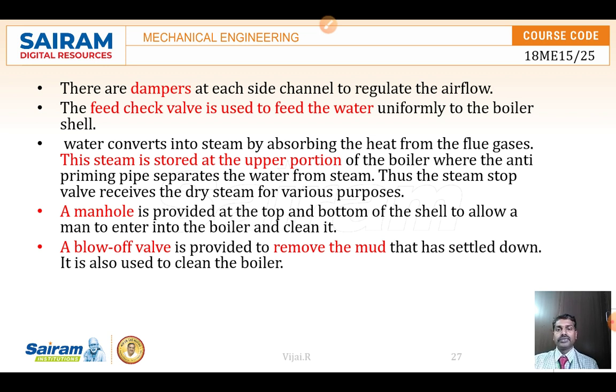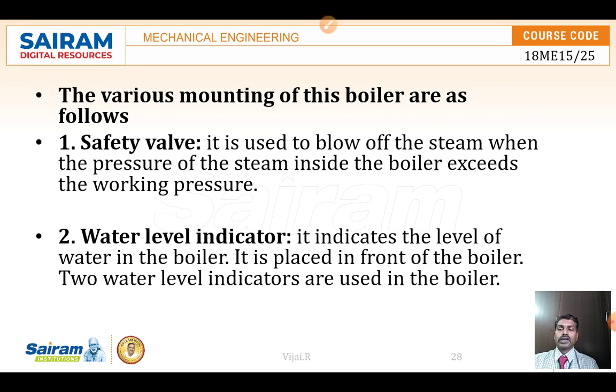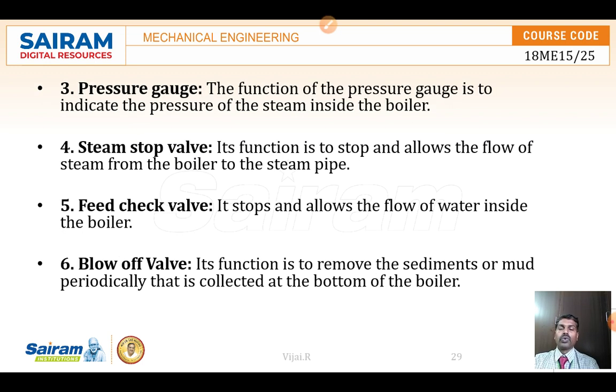The manhole is present for maintenance purposes and to remove the mud that settles because the huge amount of water is present for a long time, so the impurities have to be removed. Here the safety valves are needed, and a water level indicator is used to show how much water is present.